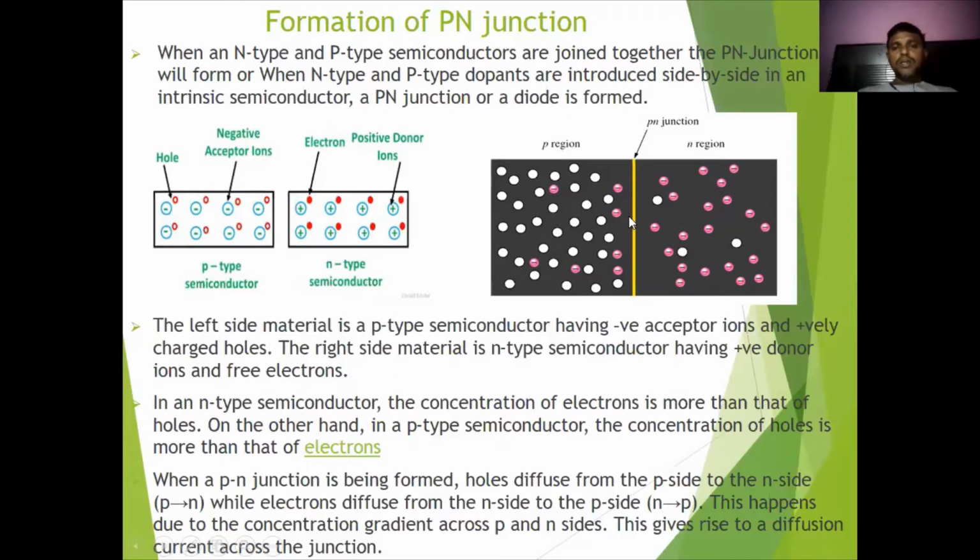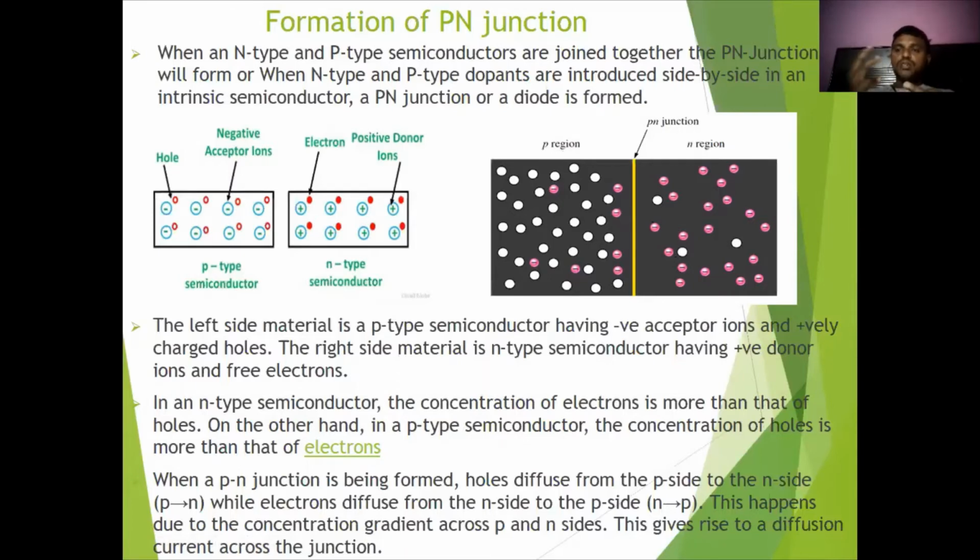But in the p region we have negative acceptor ions, and in the n region we have positive donor ions. Totally, if you consider a p region, the majority carriers are holes, the minority carriers are electrons, and there are negative acceptor ions.